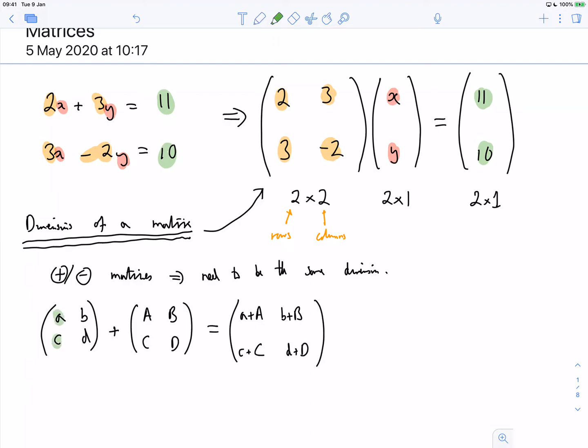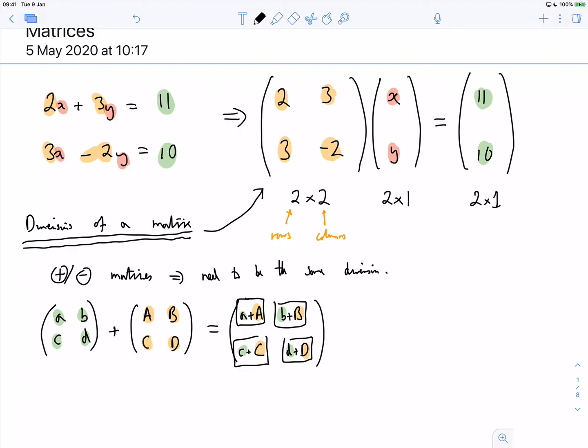So each of these individual elements stay in their same orientation within the matrix. This is an element, this is an element, this is an element, this is an element. So if you want to add a matrix to a 2 by 2 matrix, it must be a 2 by 2 matrix, and so on.